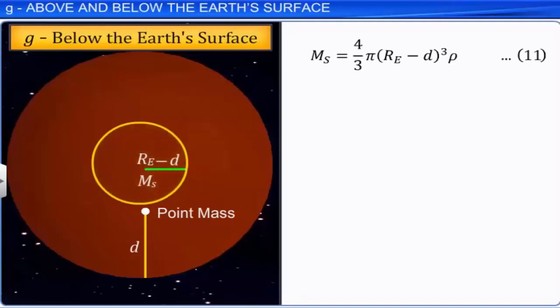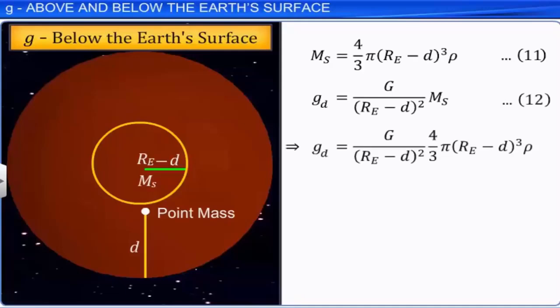Gd is equal to G divided by the square of re minus d, multiplied with ms. This gives acceleration due to gravity at depth d, indicated by equation 13. Gd is equal to 4 by 3 G pi into re minus d, multiplied with rho.